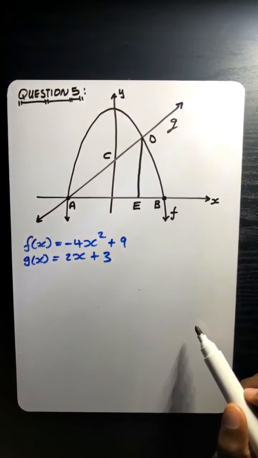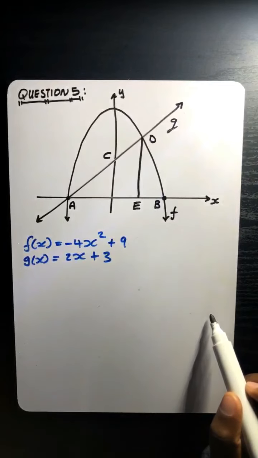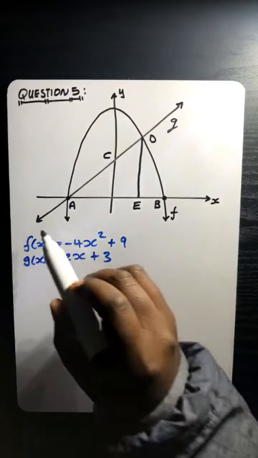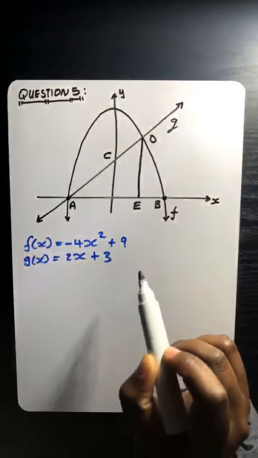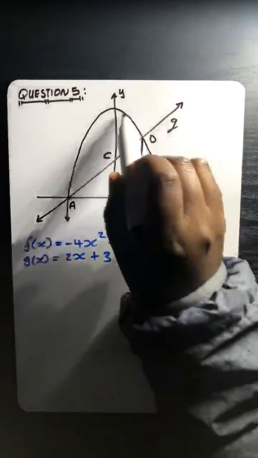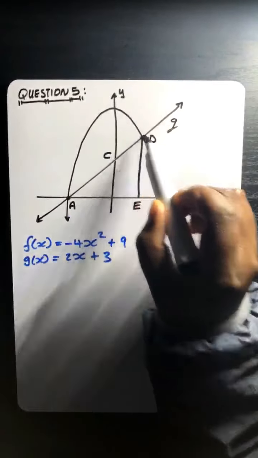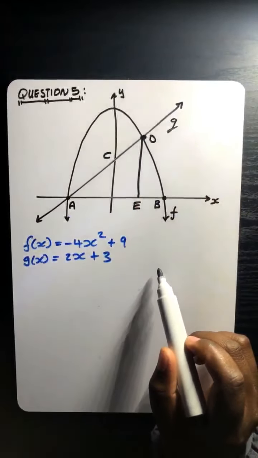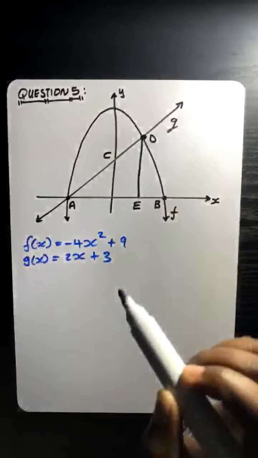The graph of g intersects f at A and D, and cuts the y-axis at C. So this straight line, the function g, intersects with f of x at points A and D, which is that one over there, and the y-axis at C. Where is C?